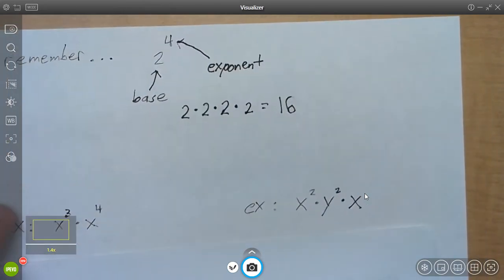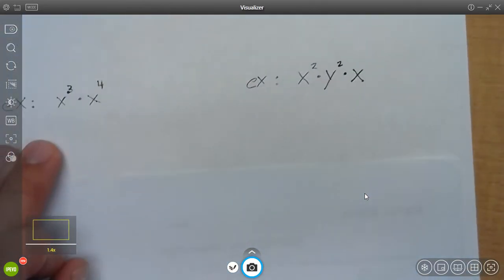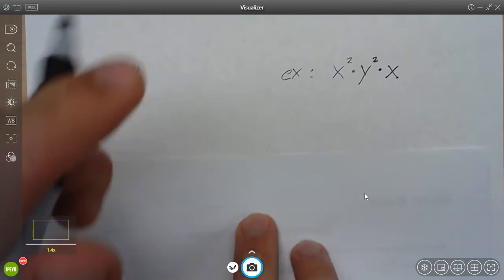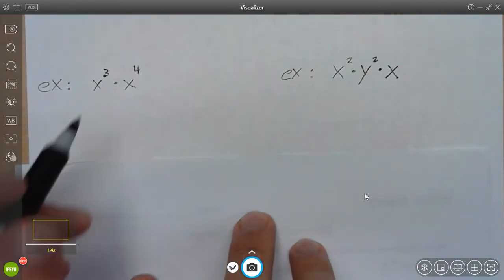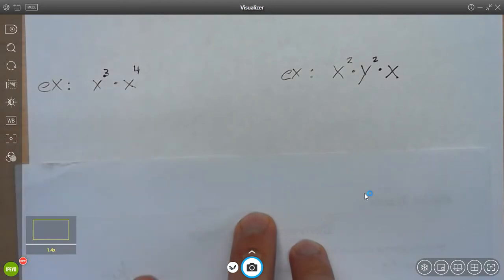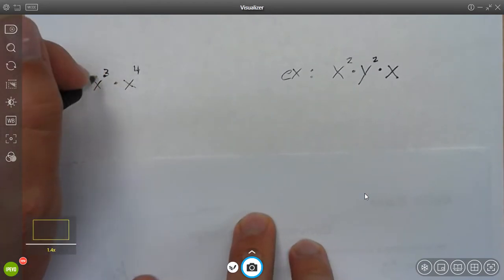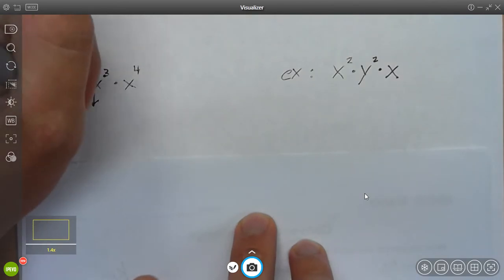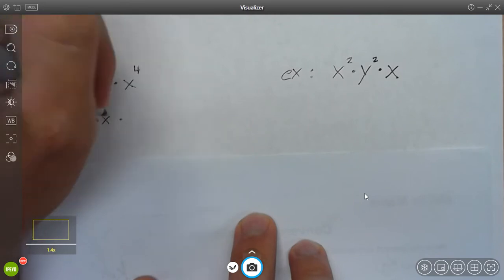Our first example is, what if we multiplied x to the third, or x cubed, by x to the fourth power? Well, I'm going to use the definition of the exponent and expand each of these and see what's left. So I'm going to take x cubed, and I know that is x times itself 3 times. That's one group.